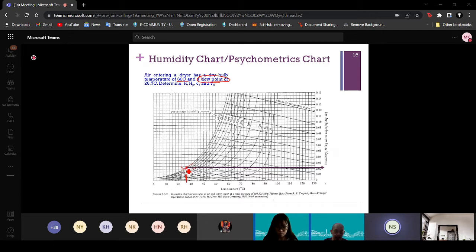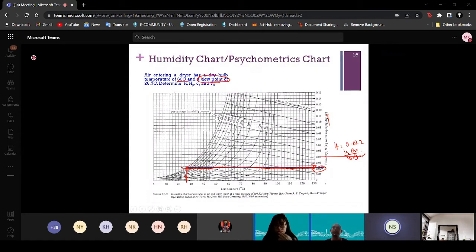And use your ruler, draw one horizontal line to your right side. This is going to give your humidity value. So it's going to be like 0.022 probably, kilo water, kilo H2O over kilo dry air. Tengok dia punya unit. Be careful with the unit. You need to write it down.